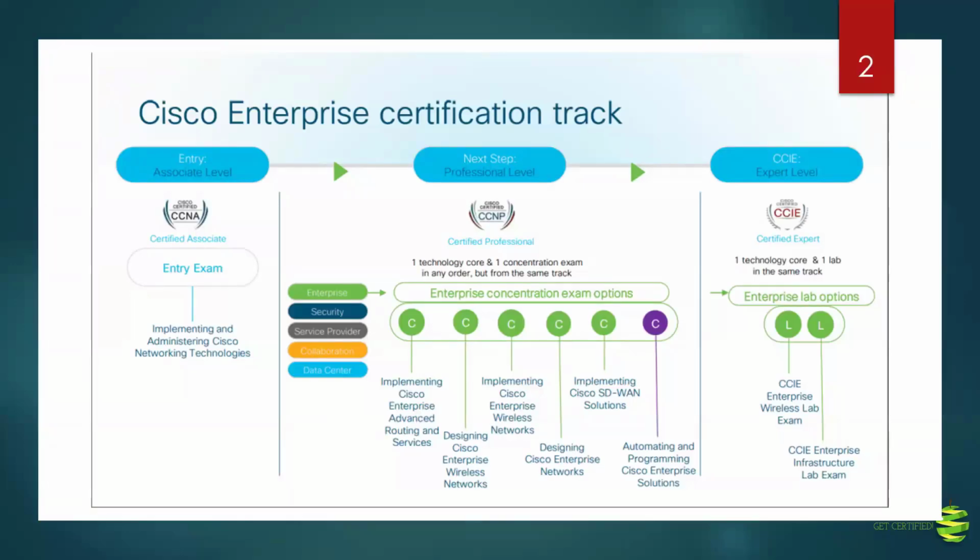But now they changed it to 2 different types of exams. One is called the core exam, and there are many different tracks: enterprise infrastructure, security, service provider, collaboration, which is voice and video, and data center. You have to decide which track you want to go for. In that stream, you will have a technology core exam, and then you have to pass at least one of the concentration exams.